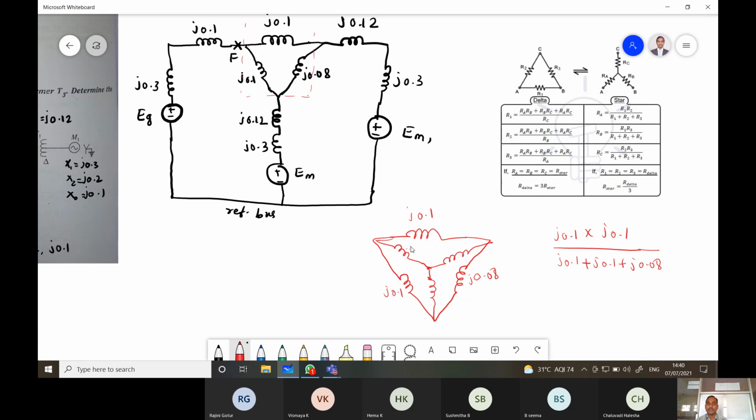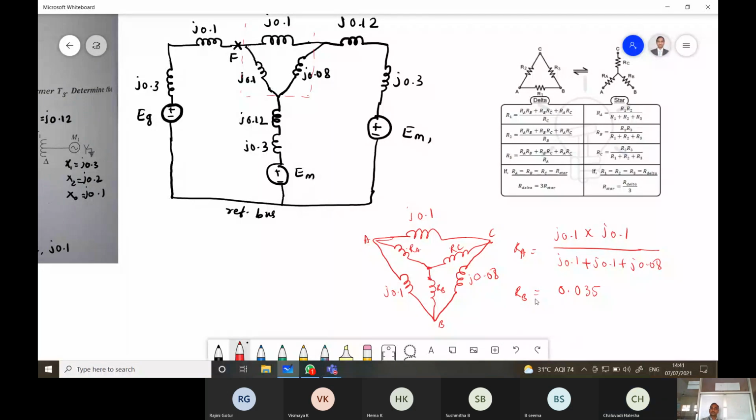Suppose this is taken as RA. This is RA, RB and RC. So calculate what is this value RA. 0.0357, sir.